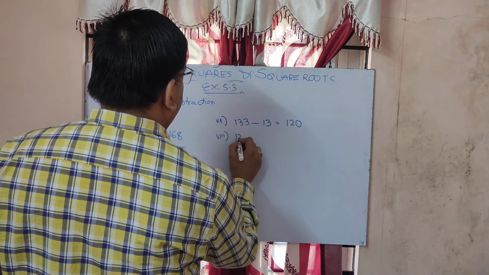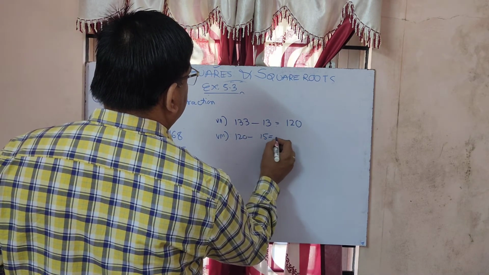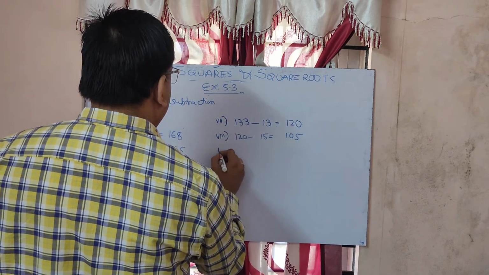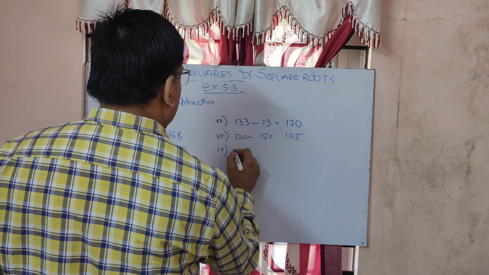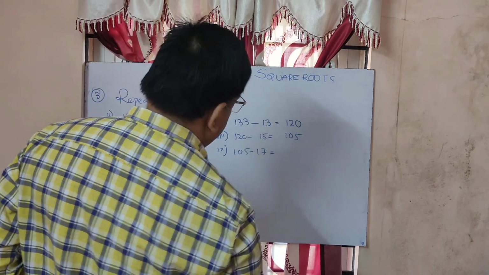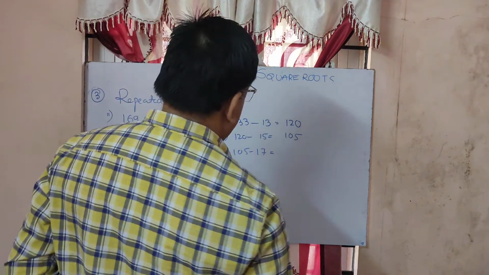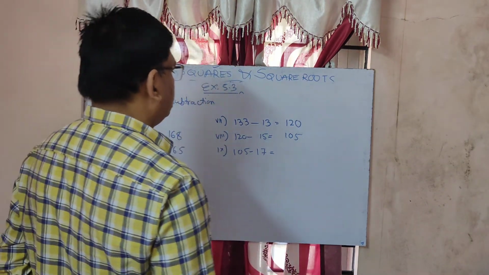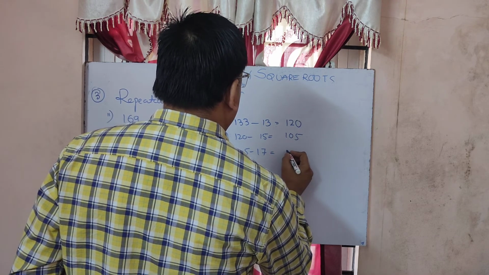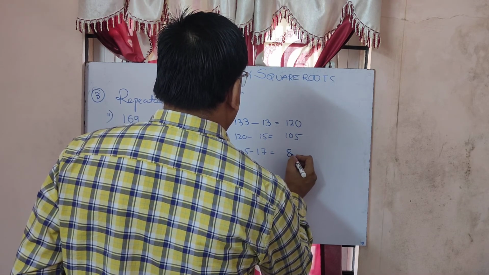Eighth: 120 minus 15 is 105. Ninth one now: 105 minus 17 is 88.